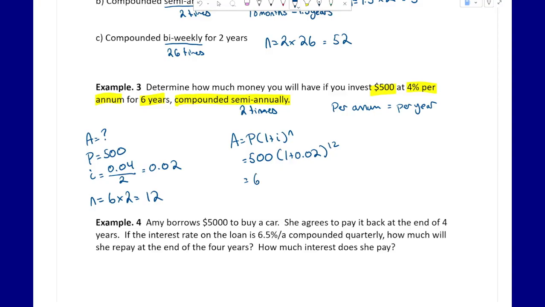And we should get 634.12. So now that is how much we're going to have after 6 years. So with this formula, we don't need to add anything to a certain value or anything like that. We're already being told the final amount after the 6 years. So everything included, the interest and what we started with, we're going to have $634.12 in our account.